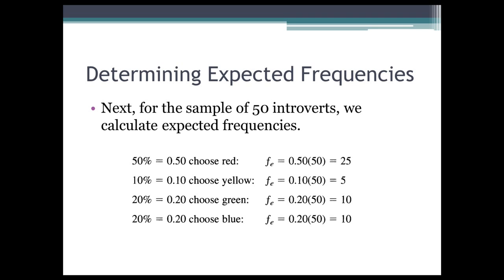So we should have an expected frequency in that cell of 25 individuals who are introverts who selected red. Then the expected frequency for yellow is 10%, so it'd be 0.10 multiplied by 50, which is 5. Then the expected frequency for green would be 0.20 or 20% of 50, which is 10, and the same for blue, 10 again.